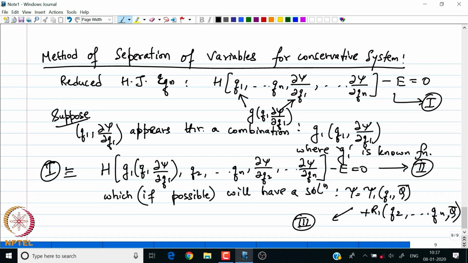Since my variables q2 to qn have been separated out from q1, del psi del q2 will be nothing but del r1 del q2 and so on and so forth.